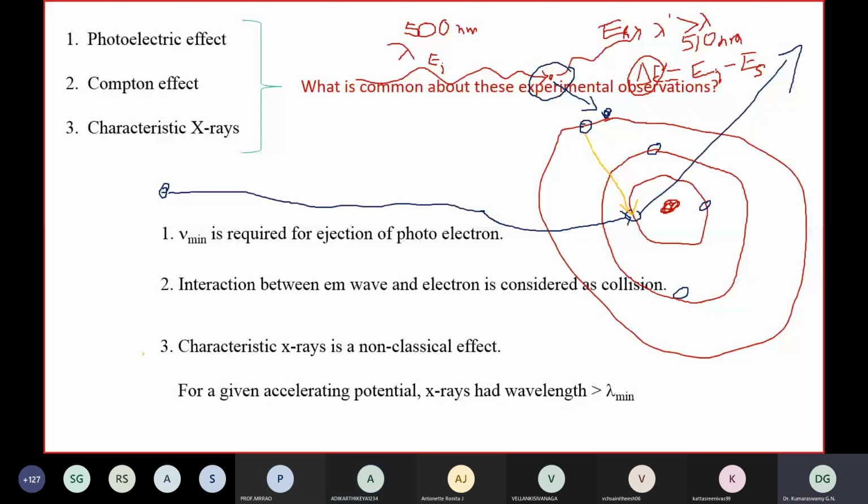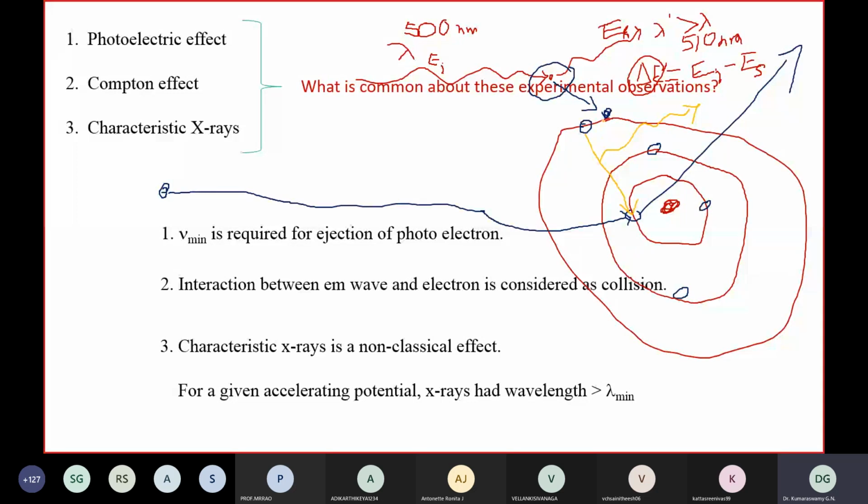The incident electron also goes away, and this empty space is now available for occupation. When it de-excites, it emits an electromagnetic radiation whose energy is the difference between these two energy levels.